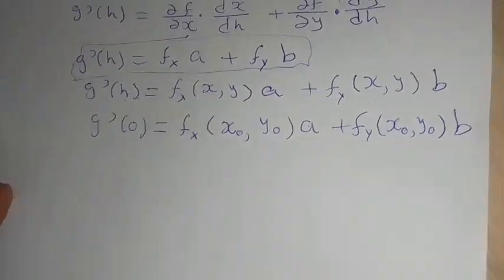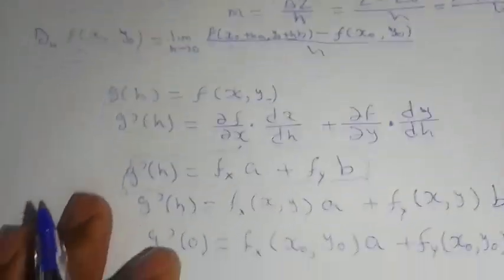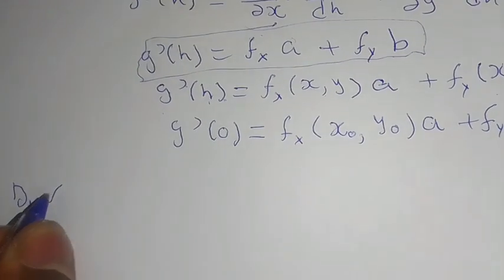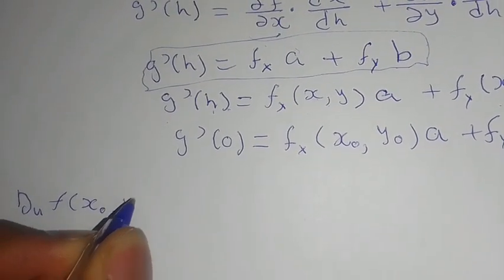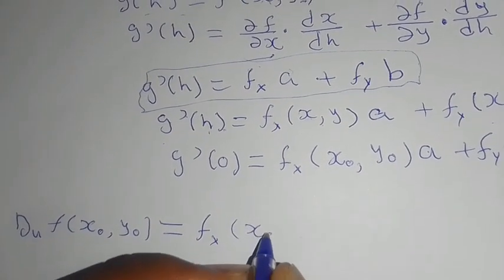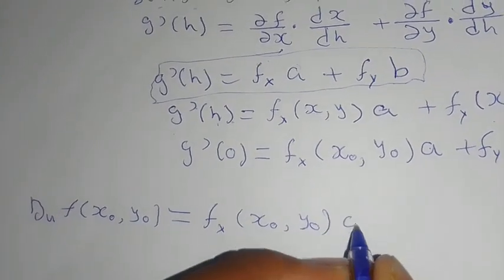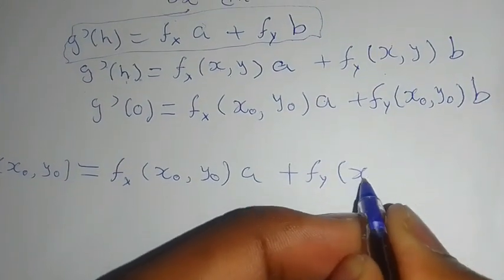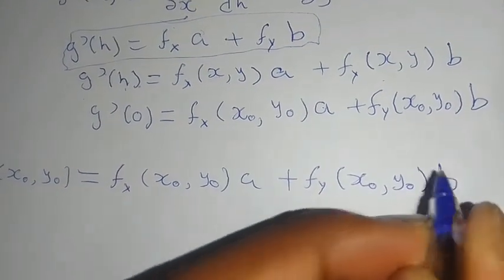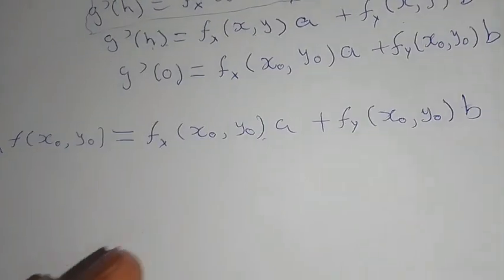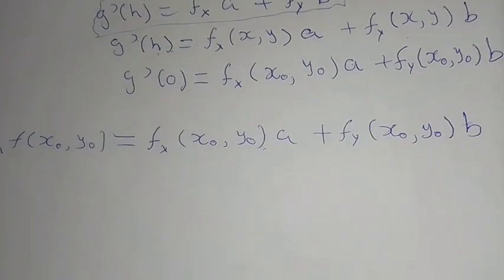So that means that instead of evaluating the limit, we can just rewrite this directional derivative as D_u f at (x naught, y naught) being equal to the partial of f with respect to x evaluated at (x naught, y naught) multiplied by a, and then plus the partial of f with respect to y evaluated at (x naught, y naught) multiplied by b, whereby a and b are just the components of the unit vector in the same direction that you're looking for the directional derivative at.